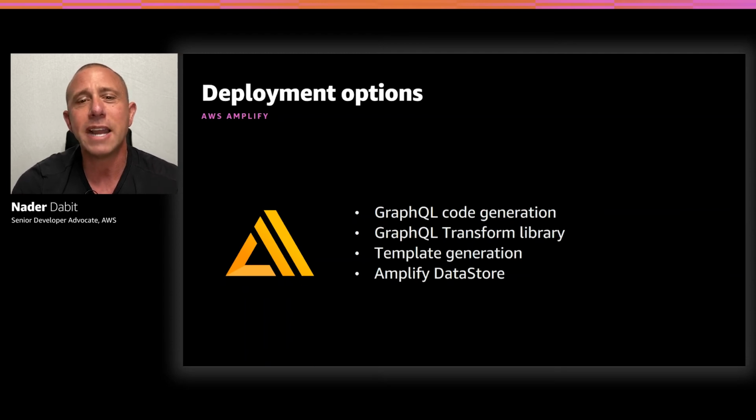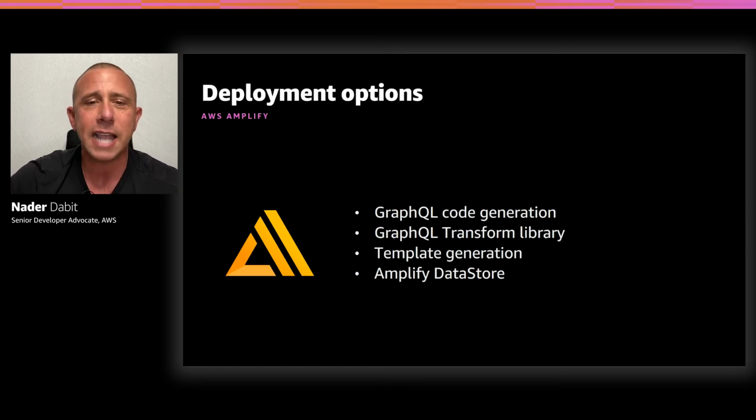You're able to use the DataStore API and work with local data, and then the DataStore API and the DataStore service will sync all of your data. So you're working with a local programming model, and the data just syncs to your API automatically. And for DataStore to work, you need GraphQL DataStore enhanced resolvers. So therefore, the CLI is the only way to make that happen right now.